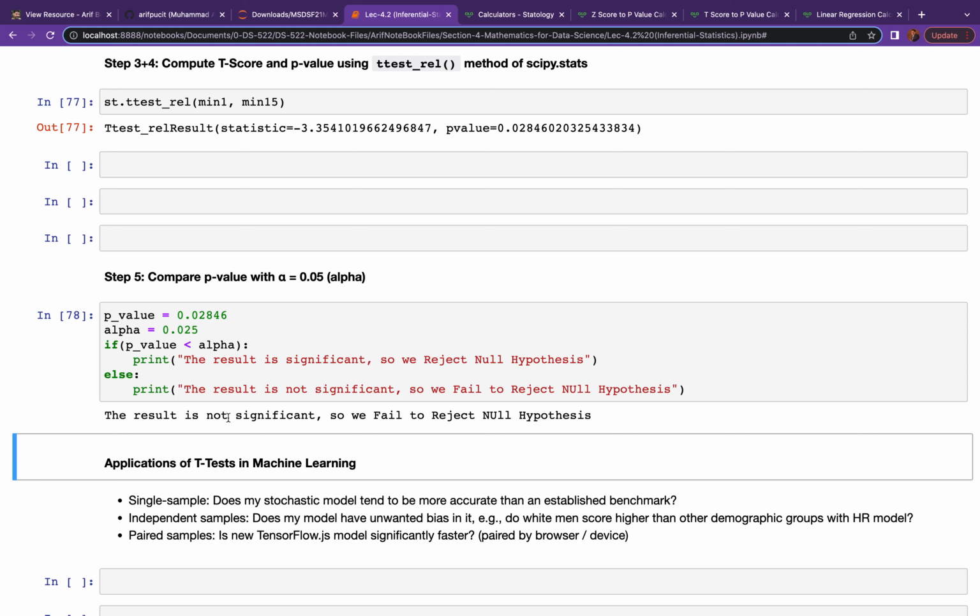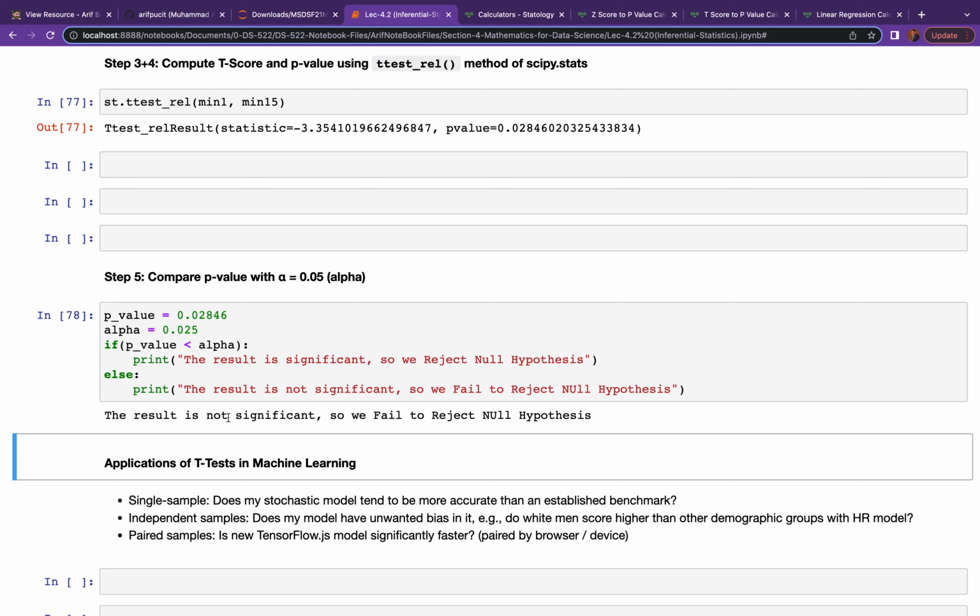And when you compare it with an established benchmark, sometimes your model gives better results and sometimes worse than that particular benchmark. In such a situation, you run your model a number of times, get a sample of your model output accuracies, then use the single sample t-test to compare the sample of accuracies of your model with the accuracy of the established benchmark and get an assessment of the statistical significance.